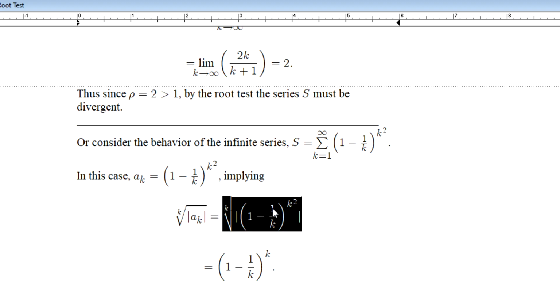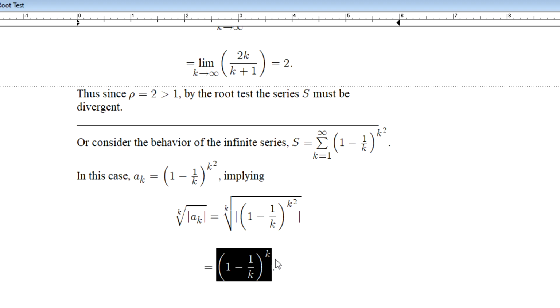And then if we take the kth root of this quantity raised to the k squared power, the outer kth root of this quantity will cancel with one of those powers of k, leaving one power of k behind. This is 1 minus 1 over k to the kth power as a result, where we now have to come down and consider applying the limit to that.